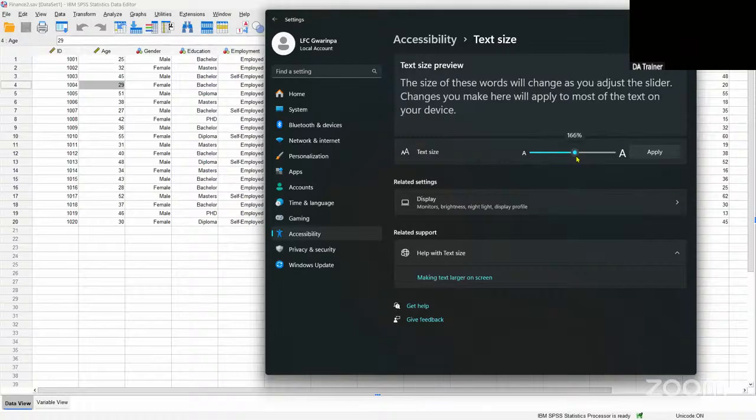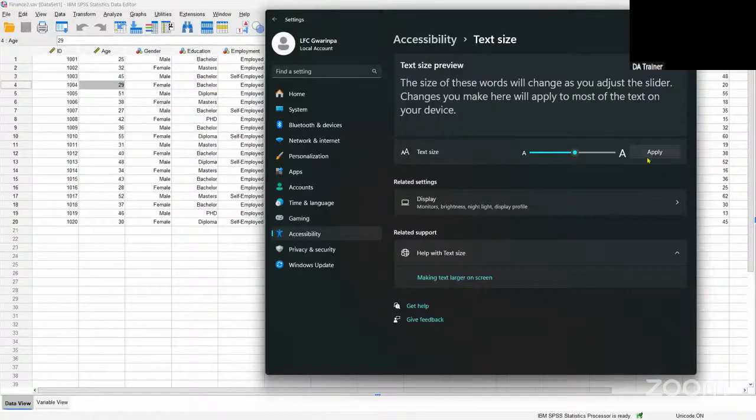SPSS itself means, what do they call it? Statistical program. I'm correct. Okay, statistical package for social science.